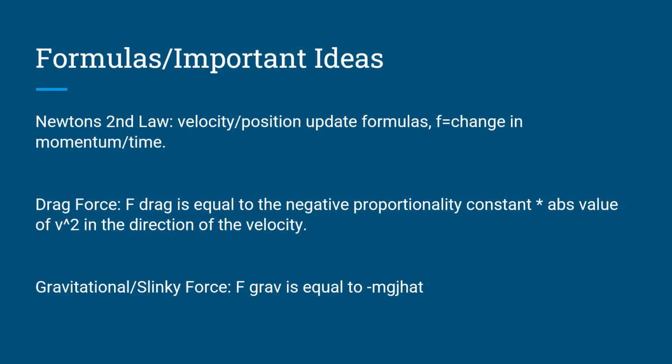For drag force, F drag is equal to the negative proportionality constant times the absolute value of v squared in the direction of the velocity, and then the gravitational force is F grav equal to negative mg j hat. And the Slinky force is basically just F tension, which is going to be the same formula.